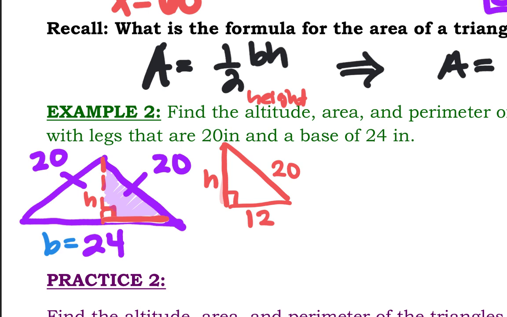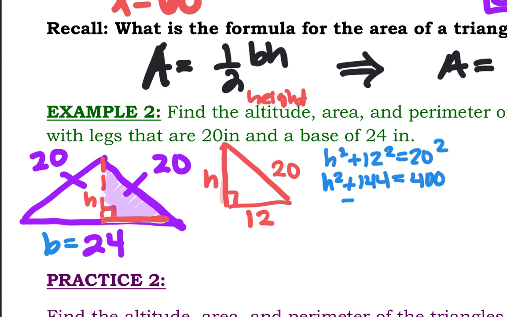Let's go ahead and find the height. Height squared plus 12 squared equals 20 squared. Just Pythagorean theorem. So here we have height squared plus 144 equals 400. Let's subtract 144. What would our difference be? 256.